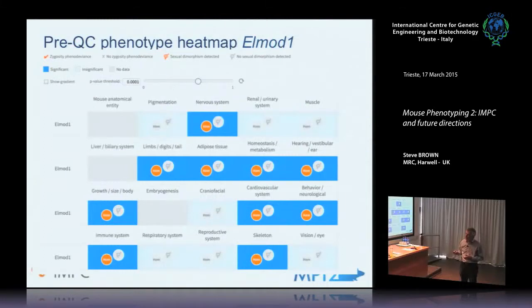There are sensory phenotypes, there are behavior and neurological phenotypes. There are phenotypes that correlate with the places in which it's expressed. So this provides the start point for understanding not just what's happening in the brain ignorome, but, if you like, the liver ignorome, the pancreatic ignorome, and so on and so forth.